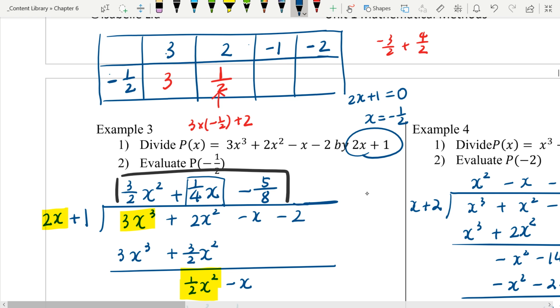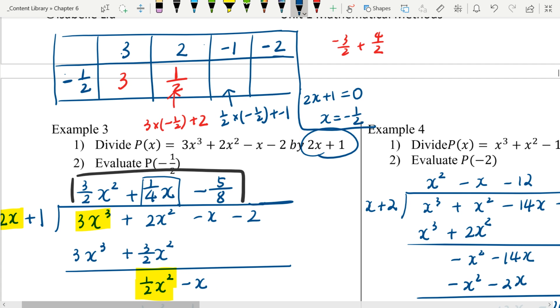After you write half, the next one is half times -1/2 plus -1. What do you get? -1/4 minus 1 is -5/4.